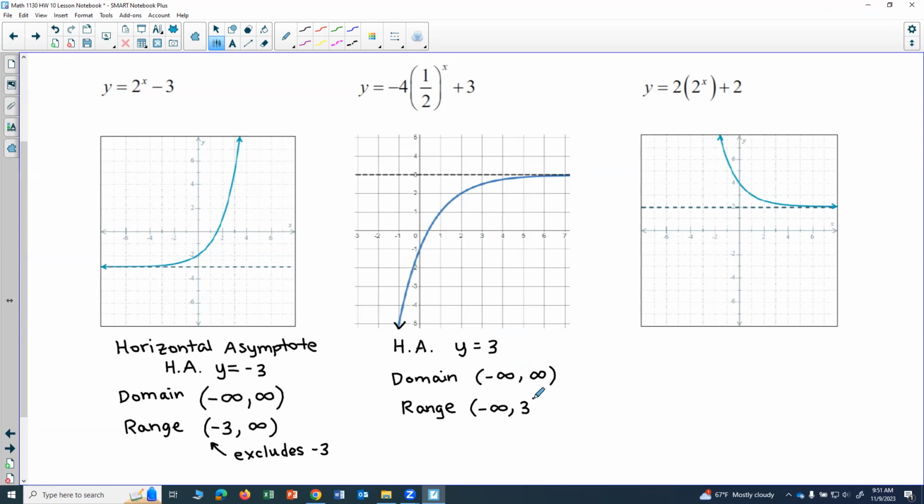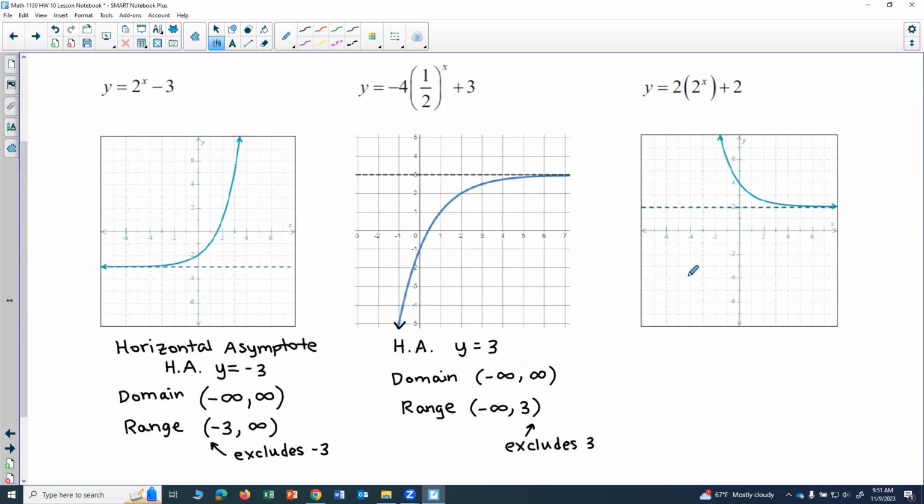So I'm going to use a parenthesis on the 3. And the parenthesis means that that endpoint is excluded. So that excludes the 3. If I wanted to include something, I would use a bracket. To exclude it, I use a parenthesis.